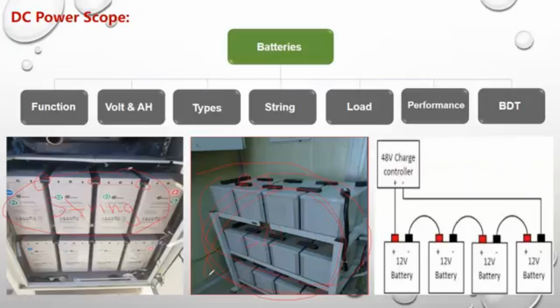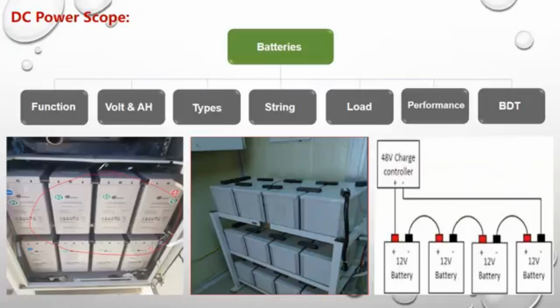Something important you must know about the batteries is what is called ampere hour. The ampere hour is the value of ampere that one string of battery can supply for an hour.